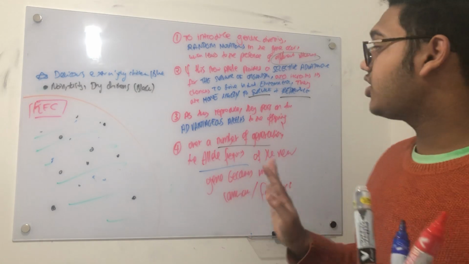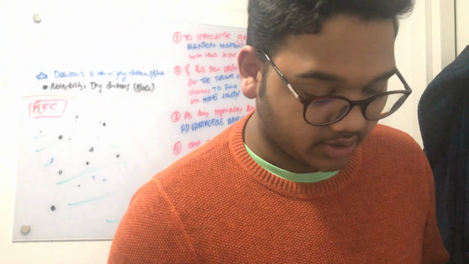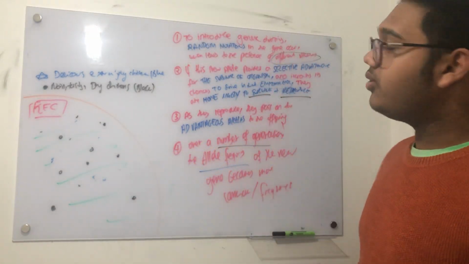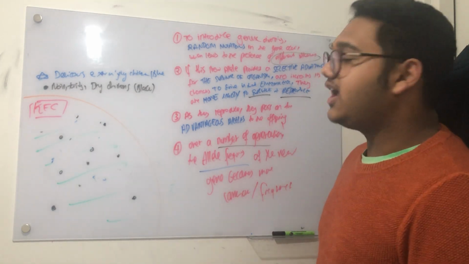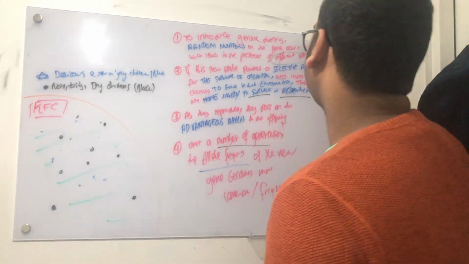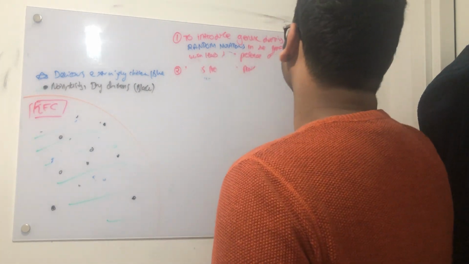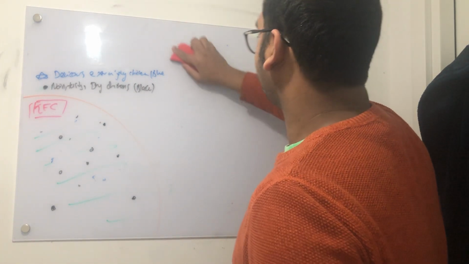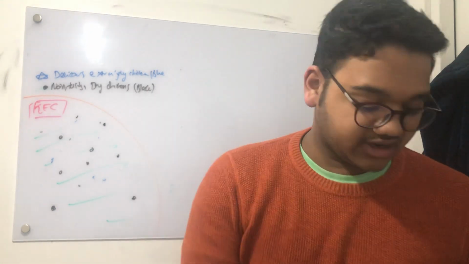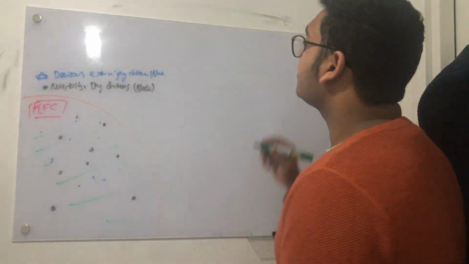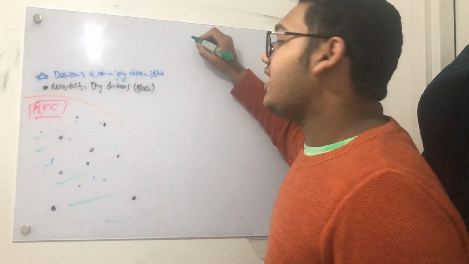The last thing I'm going to go over is what type of new adaptations natural selection can lead to. So natural selection can lead to three different kinds of adaptations.